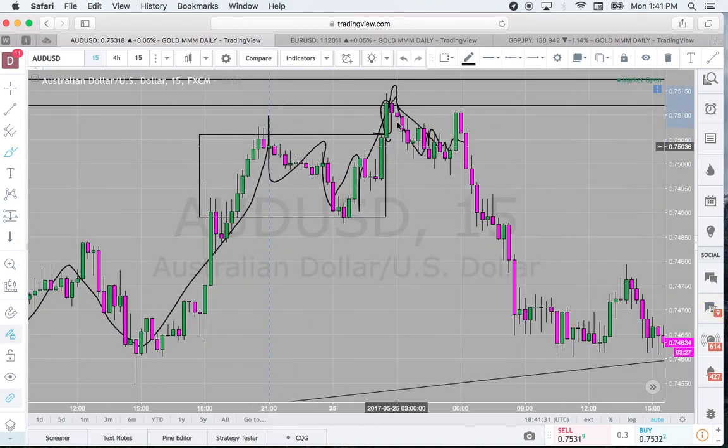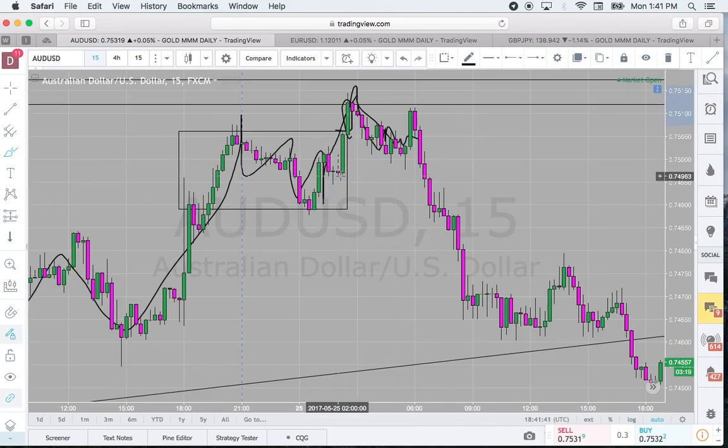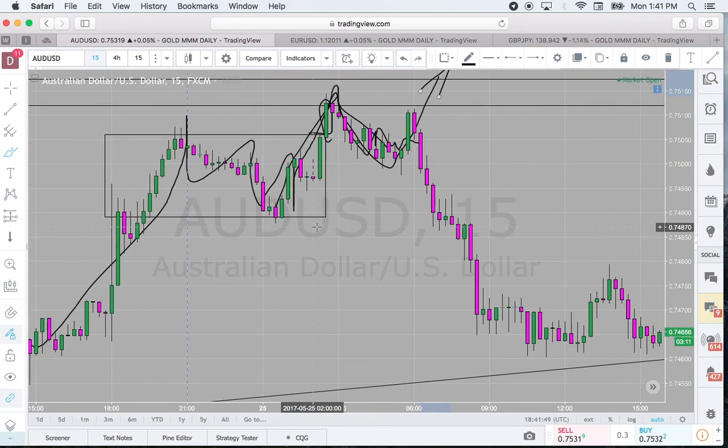One candle traps as many retail traders and breakout traders as he can, and then makes it look like he will continue that upward trend. But in reality, we know what's going to happen. He creates that M formation.